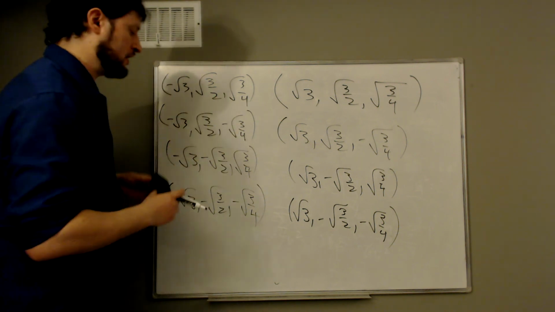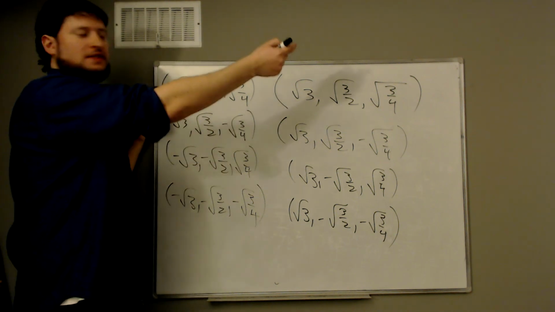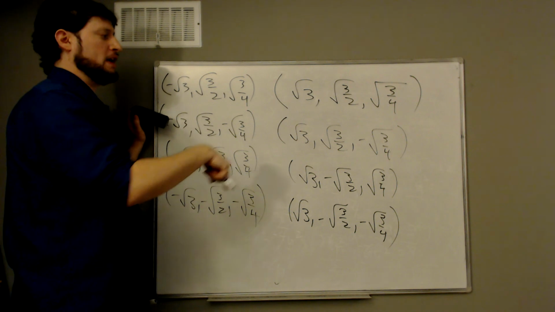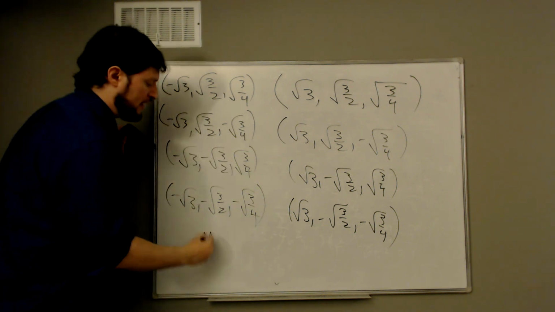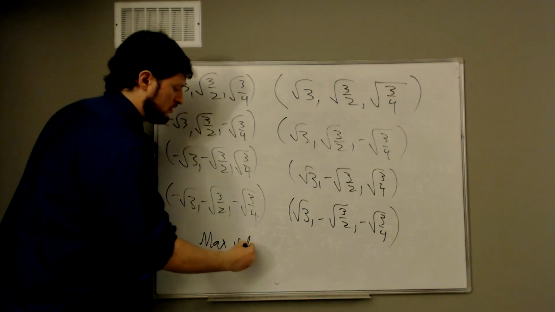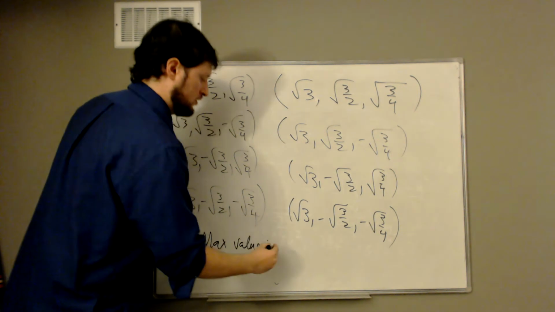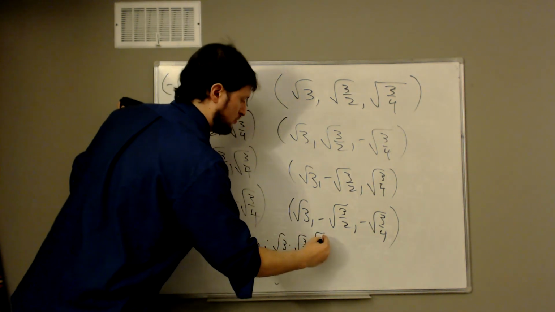We can say that the max is going to be at any point which gets me a positive version of it, and the min is going to be any point which gets me the negative version of it. Right, so the max value is at the product of all of these, root 3 times root 3 halves times root 3 fourths.